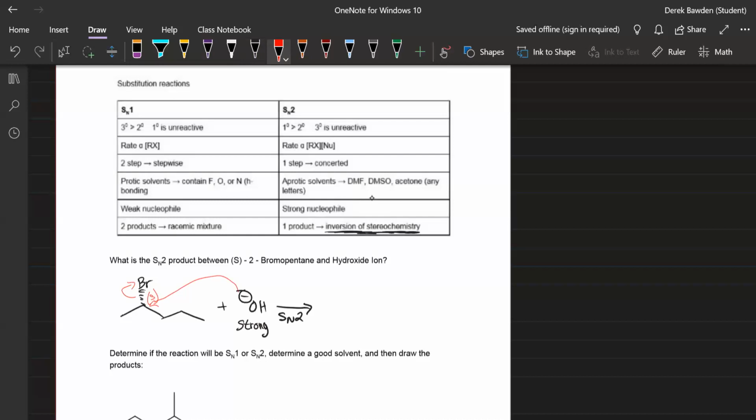And so then you're going to get your inversion of stereochemistry because it attacks from the opposite side. So our bromine was going away from us, so the hydroxide ion is going to attack towards us, right? Or facing towards us. So that's how that works. That's how it all comes together. We get a bromine. Any questions on that?